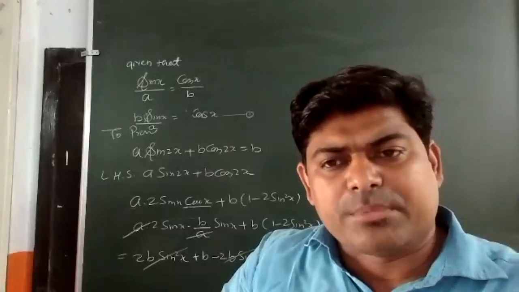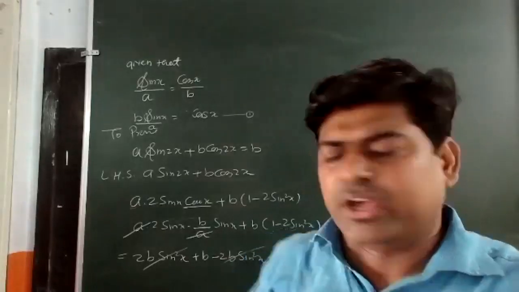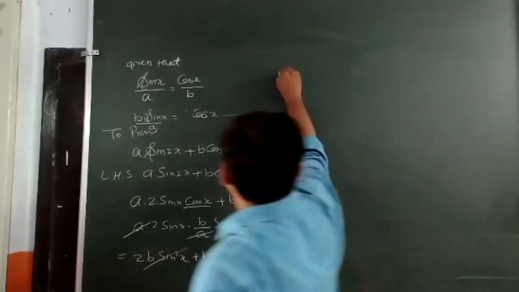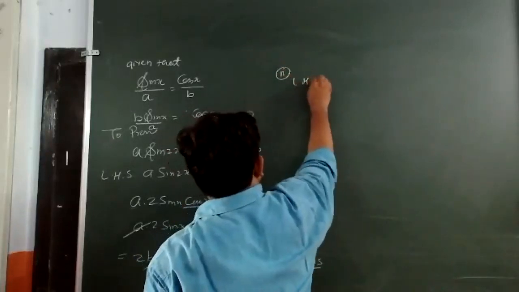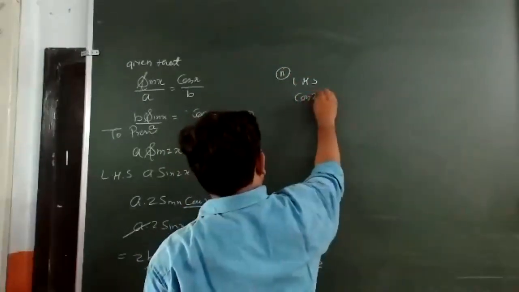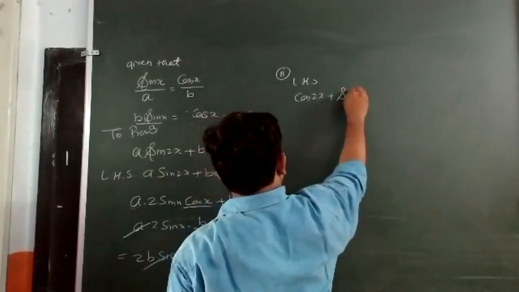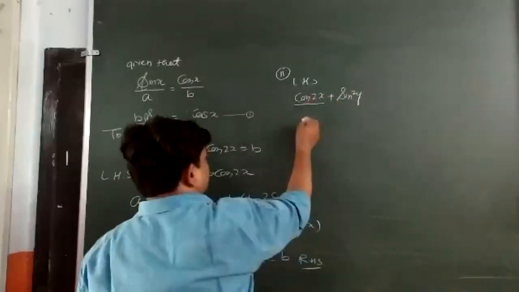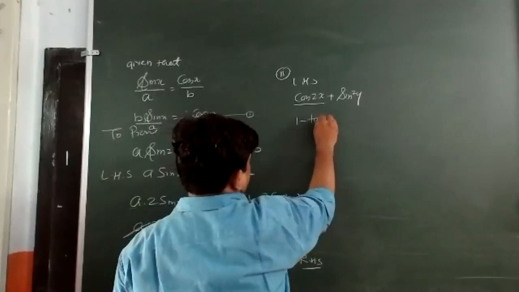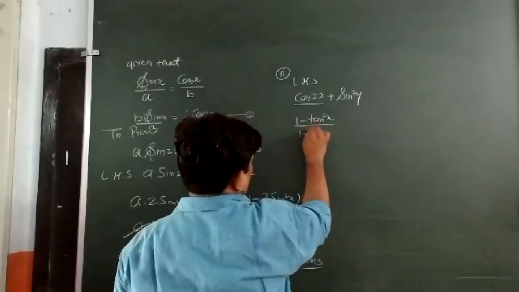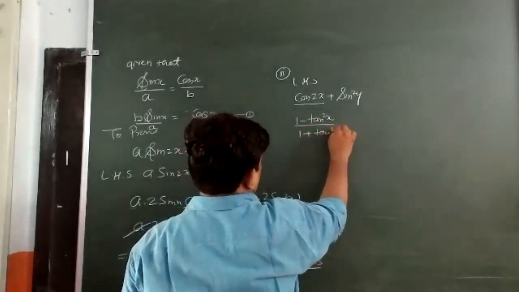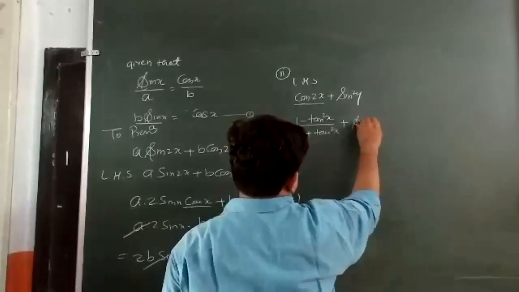Now tell me, if I'm taking the left hand side of the question, that is cos 2x plus sin square y, and cos 2x can be written as 1 minus tan square x upon 1 plus tan square x plus sin square y.